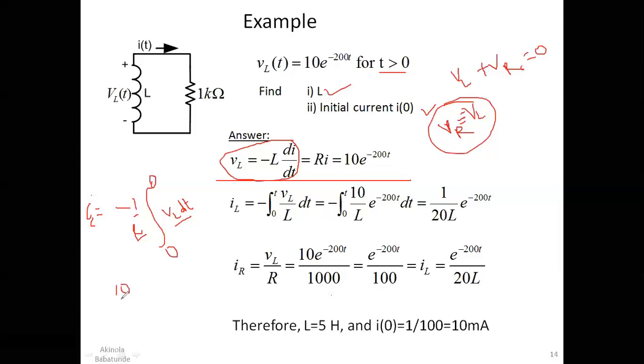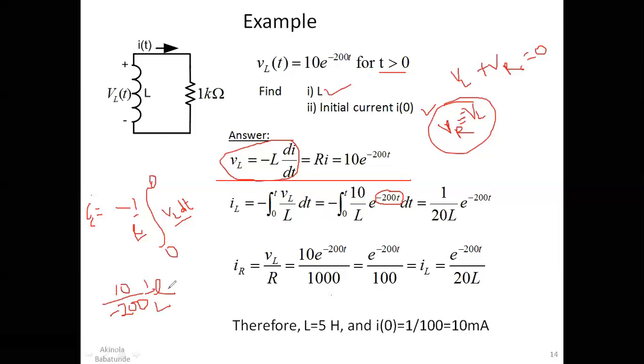And then if you integrate exponential of minus 200t, you know what to do. If you differentiate what we have up here, it becomes minus 200, so you're going to have to bring minus 200 here. If you do this, what you're going to have left is just going to be exponential. By the way, you still have 1 over L somewhere here.